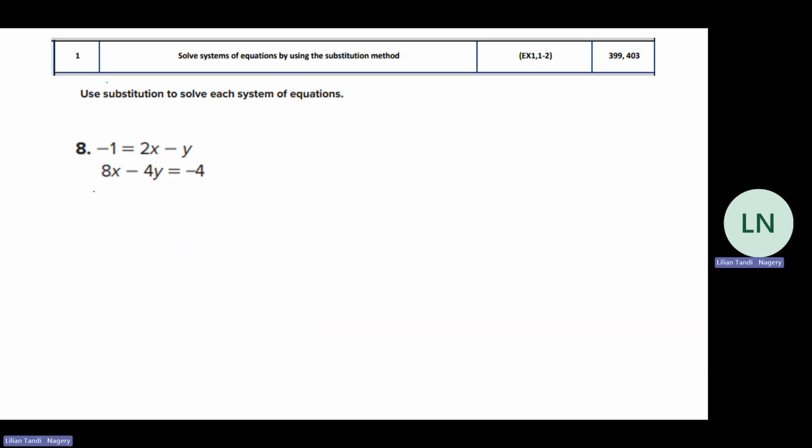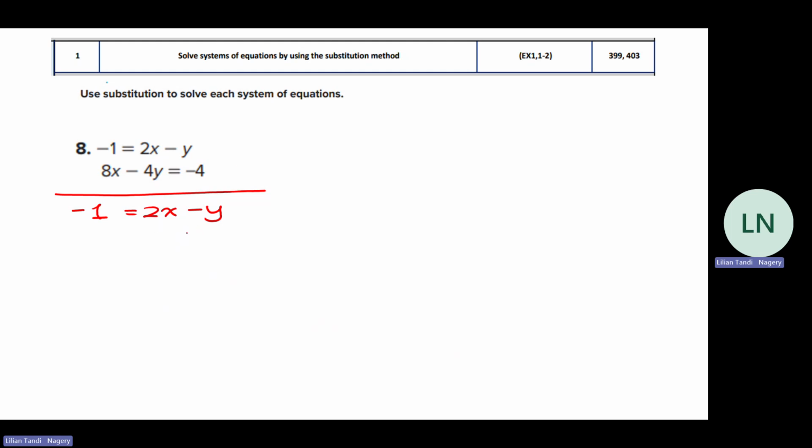All right. Here we are not lucky, so we need to make an equation start with y. I will choose the first equation because it has fewer values. So negative 1 equals 2x minus y. Okay, I will add y on both sides. It doesn't matter, whichever way you choose.